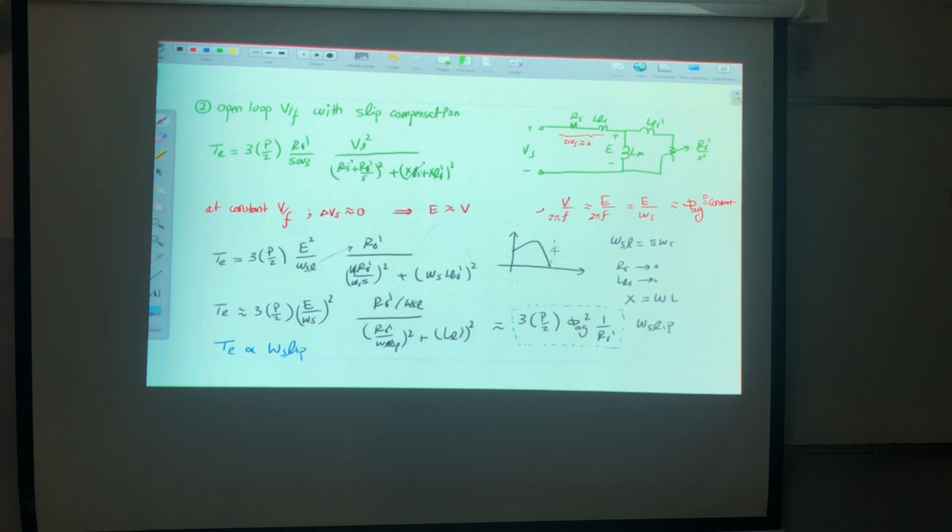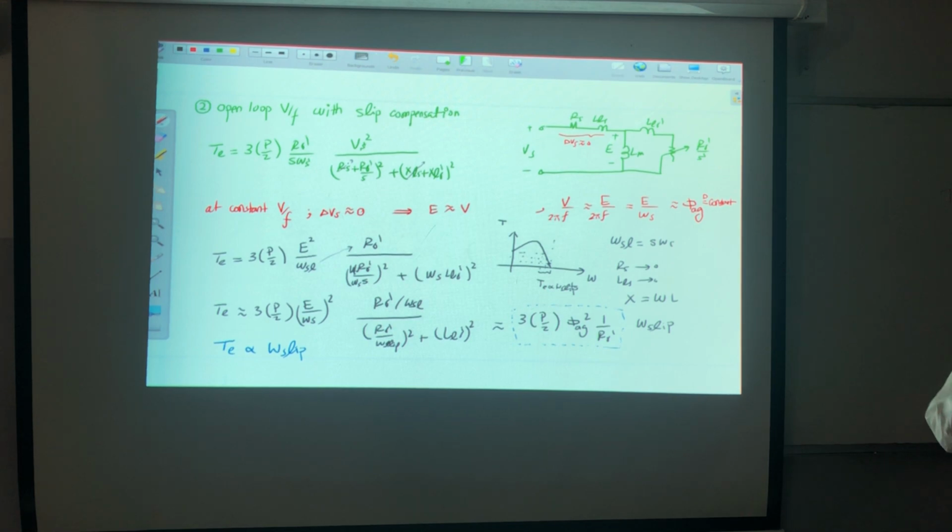So let's assume that this is the relation between the torque and the speed. If you are operating here, you get this torque, and if you are operating there, you get that torque. At this point you have this omega slip, at that point you have that omega slip. So simply, this means that the torque is proportional with the omega slip. Correct? But this is also a mathematical justification.